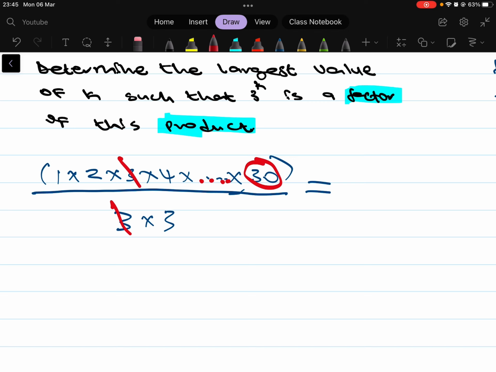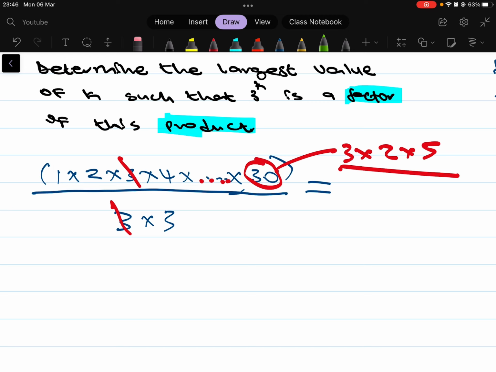But remember, there are other values here, other multiples of 3. Even 30 is a multiple of 3, and it can be written as 3 times what? Let me find out with its prime factors. It can be written as 3 times 2 times 5. That is exactly 30.